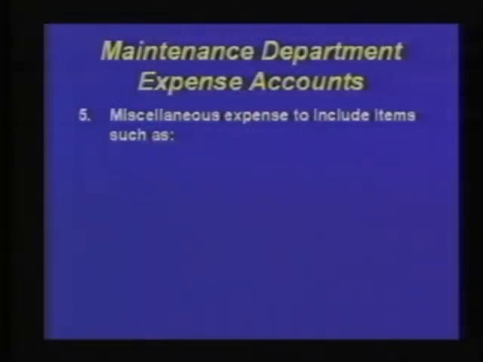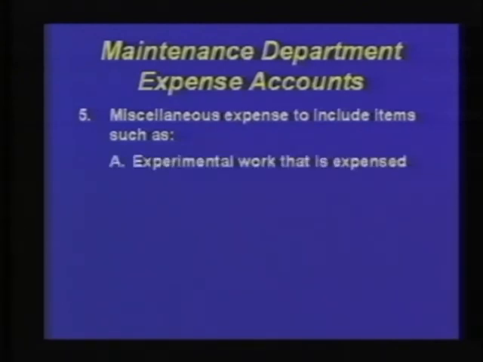for operations. And item number 5 would be some miscellaneous expenses, which would include items such as experimental work that is expensed.